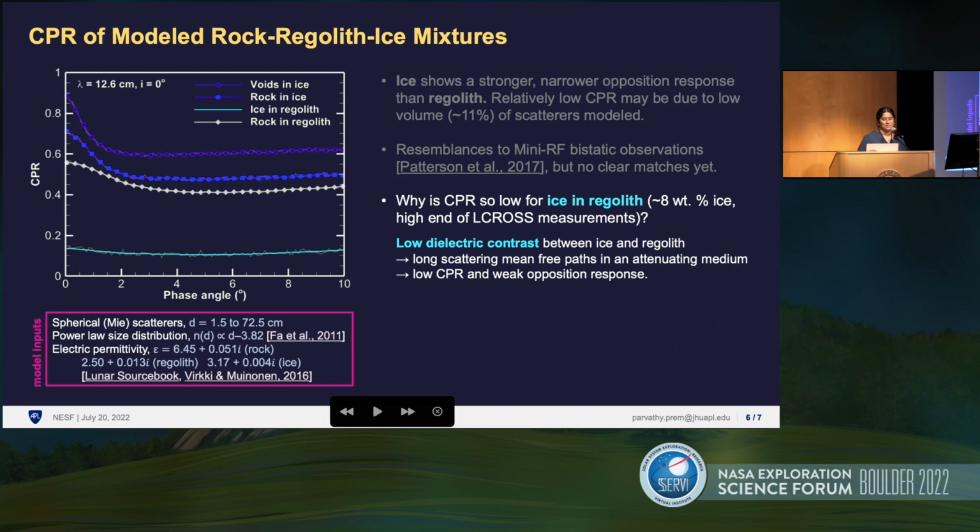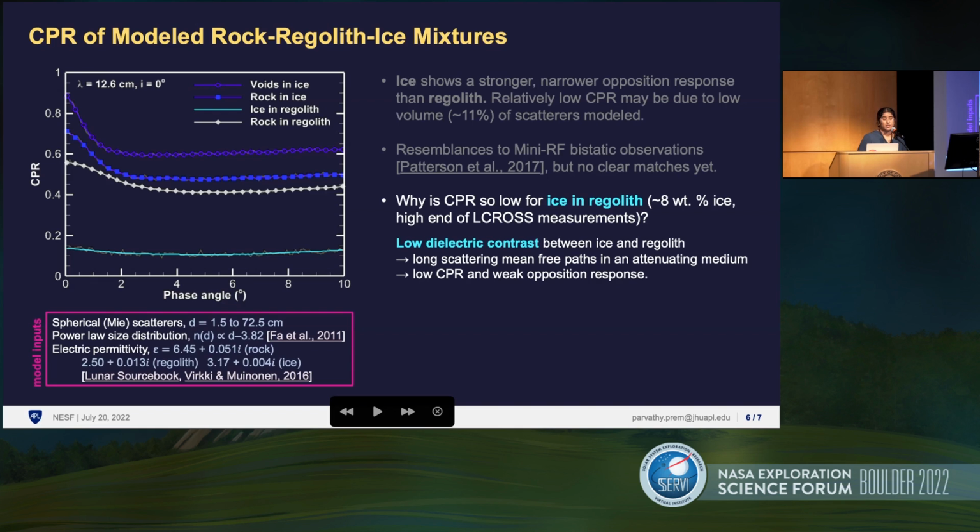Because the ice-bearing regolith shows much lower CPR than dry regolith. So that means if you find something showing very low CPR on the lunar surface, it could be ice-bearing. Potentially. We'd want to explore the parameter space more before saying that conclusively, but yes, one potential reason for anomalously low CPR regions could be that.